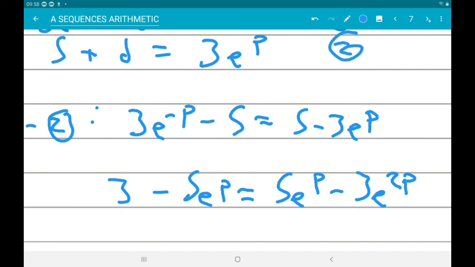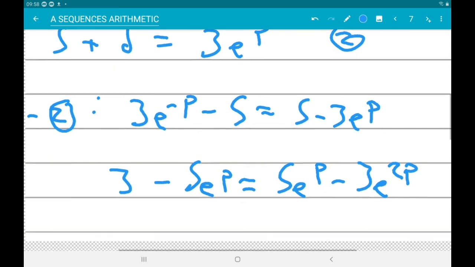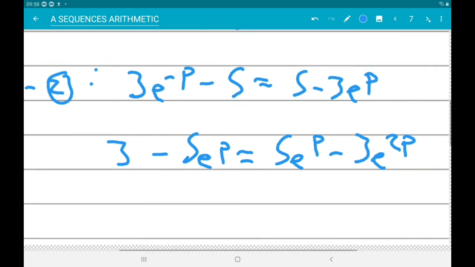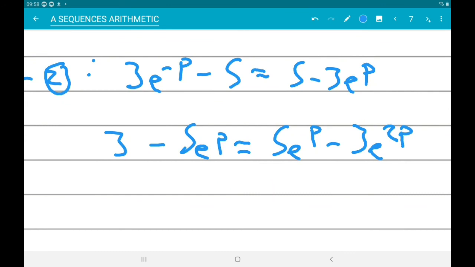Alright, so this is now actually quadratic. So we're going to get everything on the same side. So we're going to move the right to the left. So we have 3e to the 2b minus 10e to the b and then add 3 is 0.